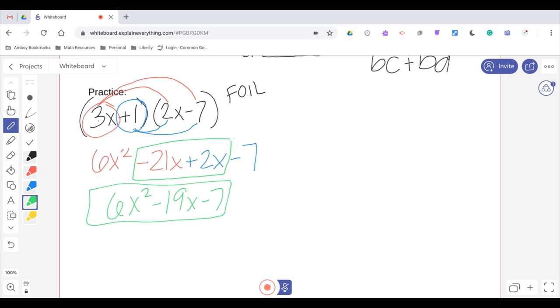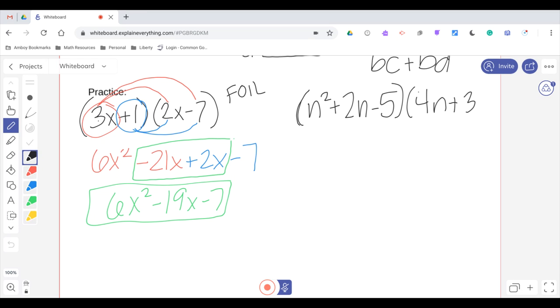Okay. So let's try a similar one, but with the box method, so you can pick. Because when there's only 4 pieces, that's not really that bad, but if we started multiplying bigger stuff, it could get messy quickly. So let's say I had n squared plus 2n minus 5 times 4n plus 3. I'm going to do the box method for this one.